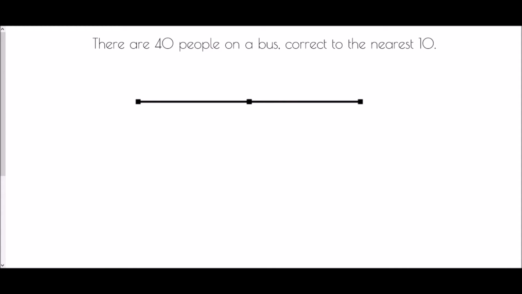40 people on a bus, correct to the nearest 10. We're going to go with the same idea: 40 people in the middle. If it's to the nearest 10, then we want to go down to 30 and up to 50, and split right down the centre. So 35 and 45.